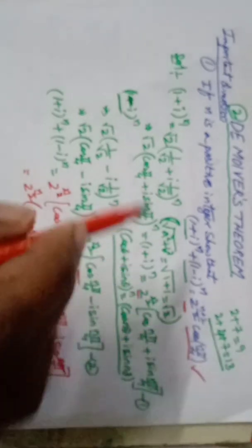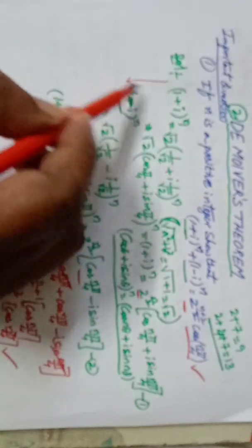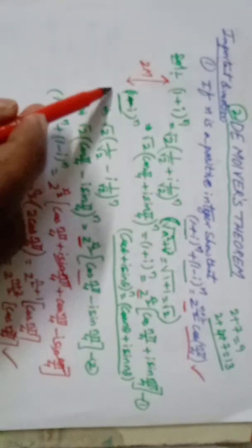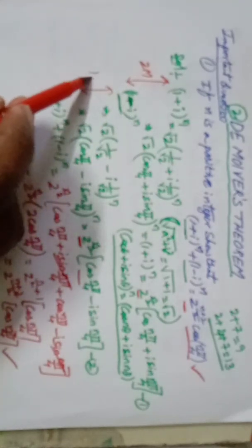That is the answer. In total you will get 7 marks for this. For the first part, what you have done up to here will get 2 marks. Next, the second one, you write similarly, you will get 1 mark.